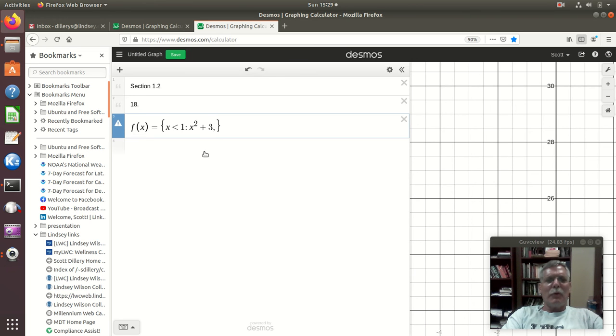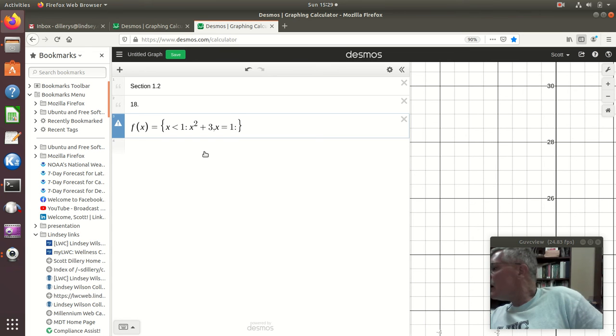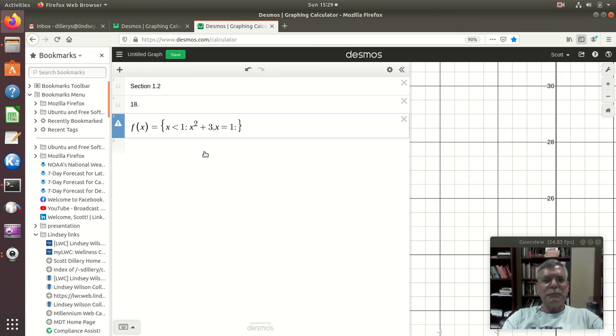Now my second part is that if x equals 1, I want this thing to be a 2. And then if x is greater than 1, I want the x squared plus 3 again.